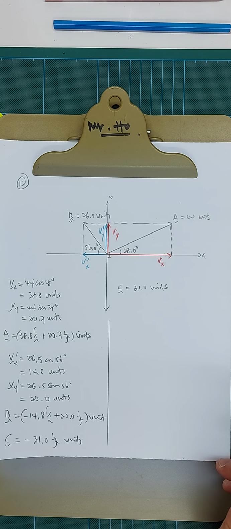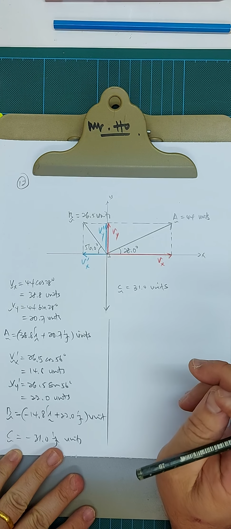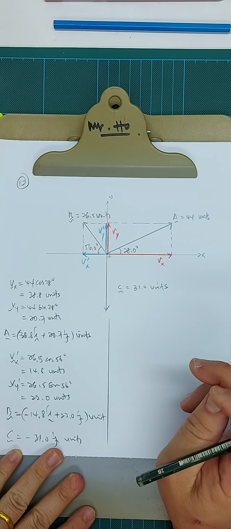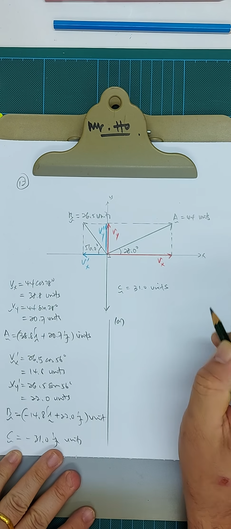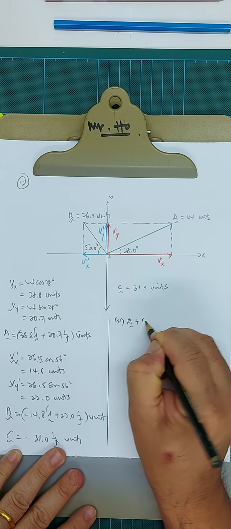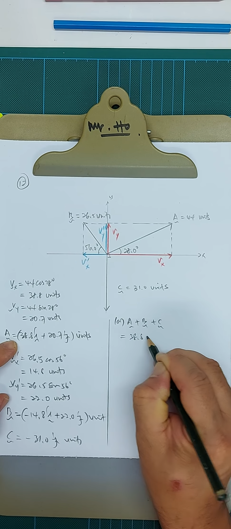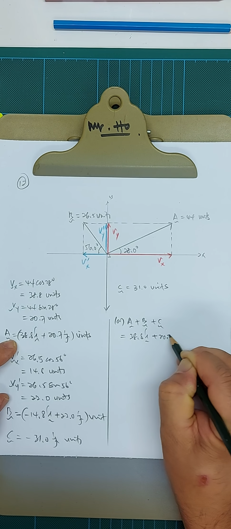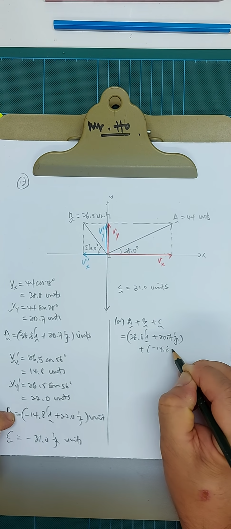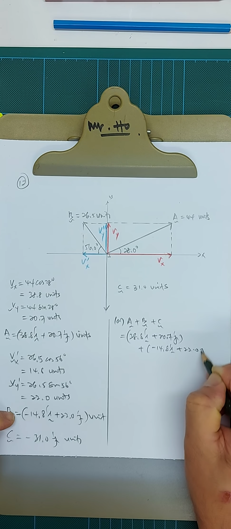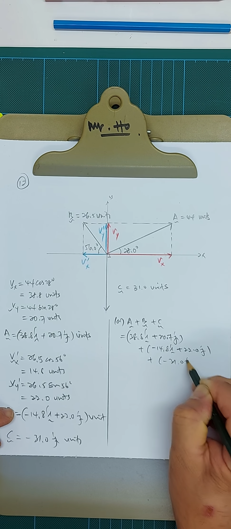Next, determine the sum of the three vectors, giving the resultant in terms of components. So we sum them up, A plus B plus C, in component format: 38.8i plus 20.7j, that is A, plus B, negative 14.8i plus 22.0j, plus the last one, negative 31.0j.